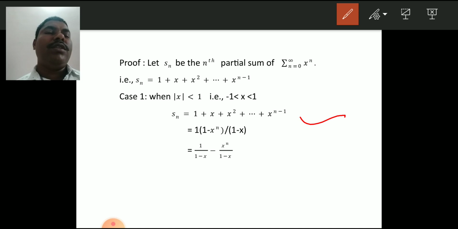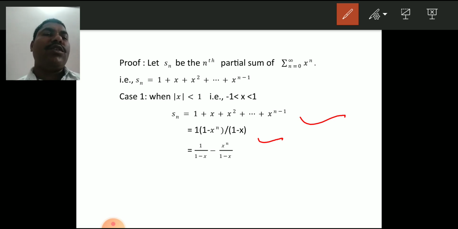So this is in geometric progression. The first term is 1 and the common ratio is x. Therefore Sn is equal to 1 into 1 minus x raised to n divided by 1 minus x.